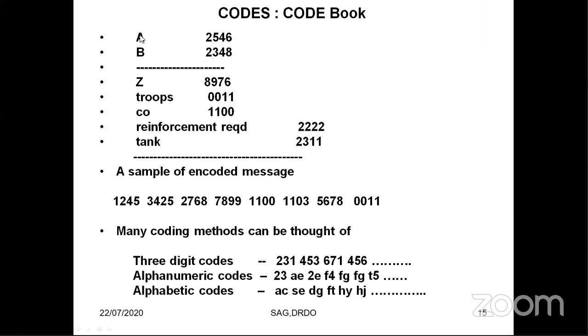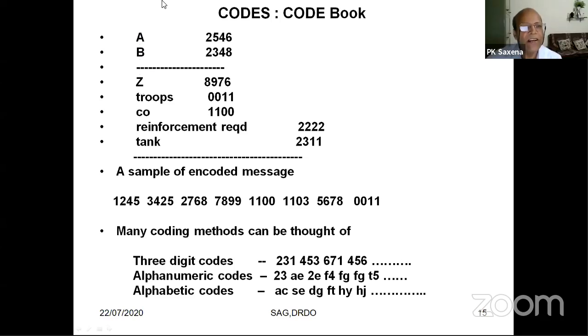Like the information is in our alphabets A to Z, whereas the cipher alphabets are some numbers. So it's not necessary that the cipher will always have the same alphabets as the plain information, like in this coding.